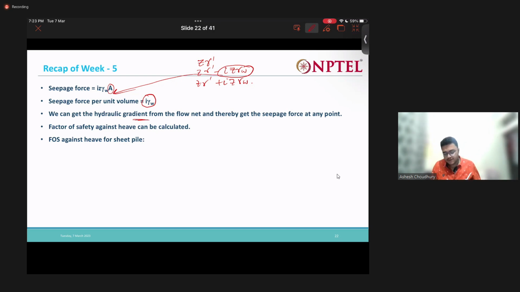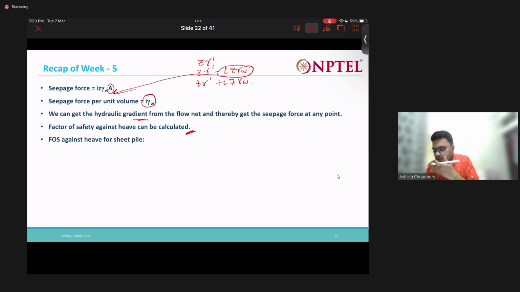So the factor of safety against heave can be calculated from this. Heave, as I told you, means that at the exit end my downward force should always be greater than the upward seepage force. Otherwise, the soil will heave, meaning the soil will come out and form a dome or dune shape structure.